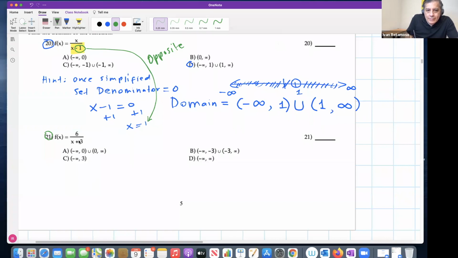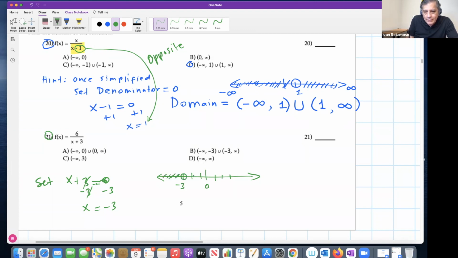Yeah, great. So the number that's going to break this function is this value -3, right? So -3, because if you set x plus 3 equal to 0, that's how you get the -3, right? Yeah, in case you don't see it as the opposite. So -3 is the one that is not good. So this is 0, 1, 2, 3, -1, -2, -3. This is the number that we have to avoid at all costs, right?